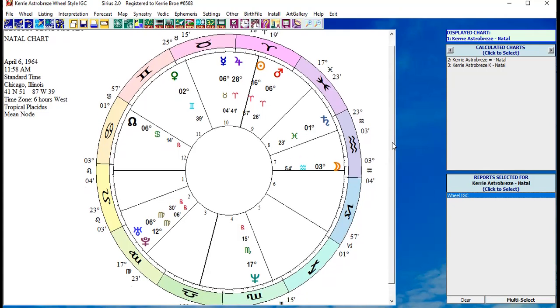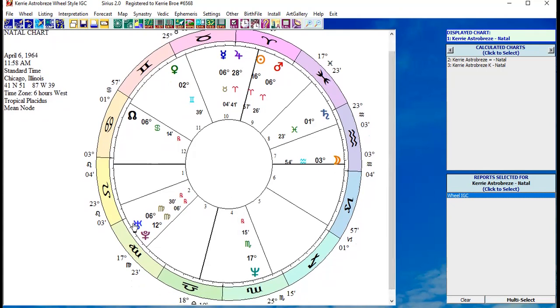All right, let's look around so we can see some differences. Then we have Leo on the first house and the second house cusp. So that takes up Virgo space, so Virgo doesn't rule any of the houses. It just has the planets in here now at 6 and 12 degrees Virgo. And then Virgo rules the third house cusp. We got 1, 2, 3.